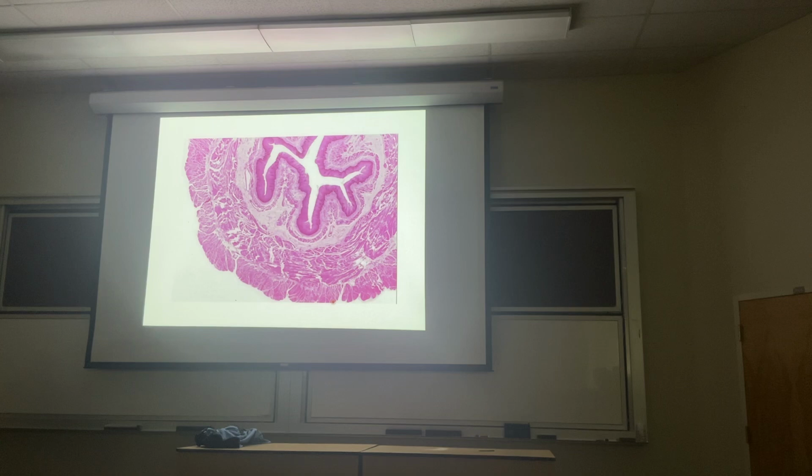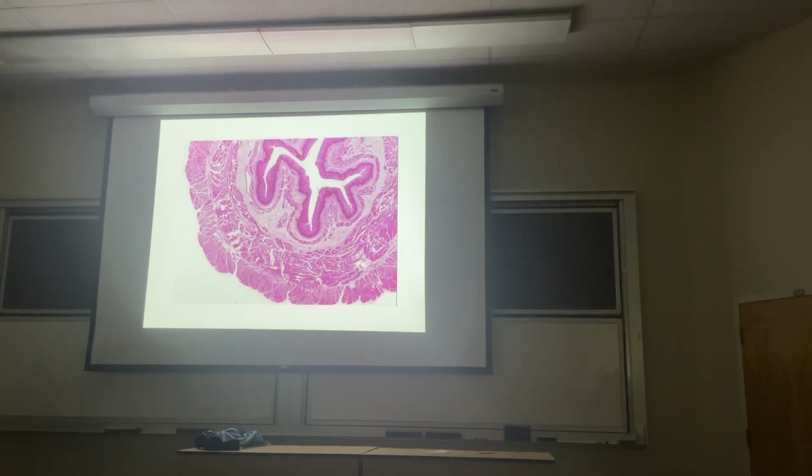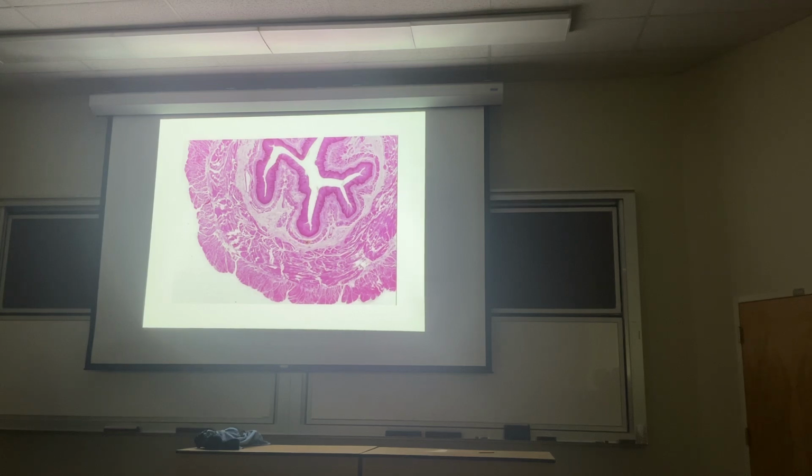This is a more typical H&E stain, and it looks quite nice. Here we see the non-keratinized stratified squamous epithelium. This is our lamina propria, right here, and this is our muscularis mucosa. Do you see how we're seeing the ends of this muscle? This would be smooth muscle here.